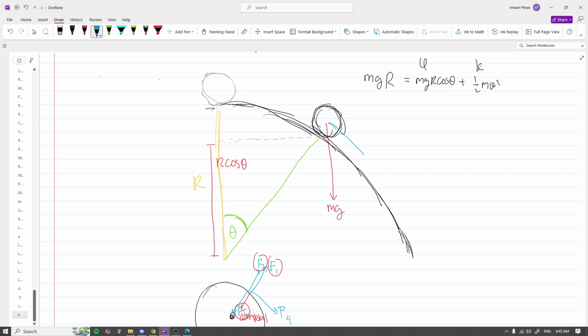This is not a force, but let's write it anyway. Because the ball moves like this, the velocity is tangential to the circle. It's always tangential to the circle until it leaves the circle. And the other thing is that from the theory there is a centripetal force.